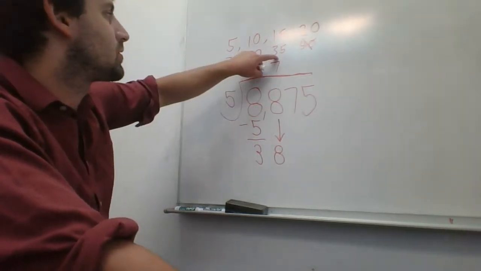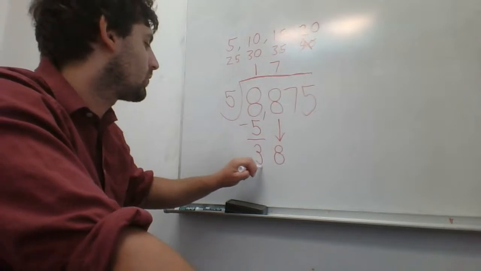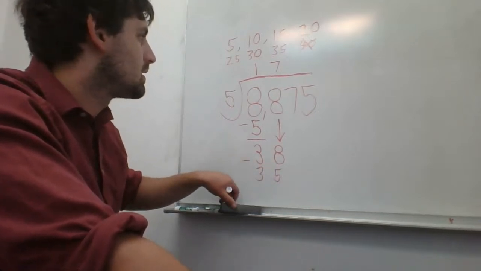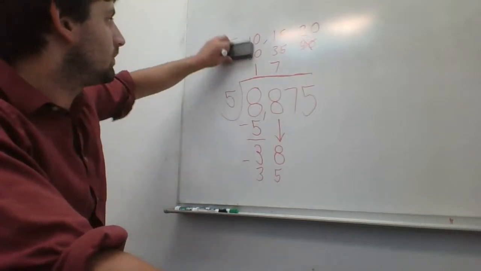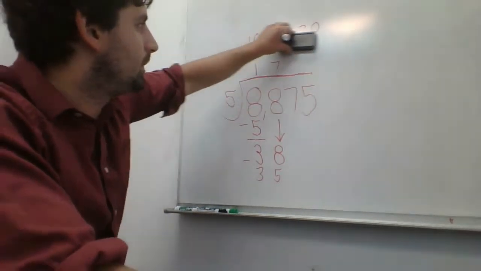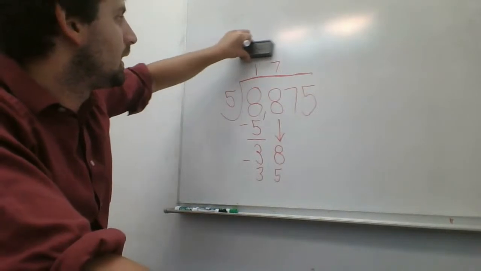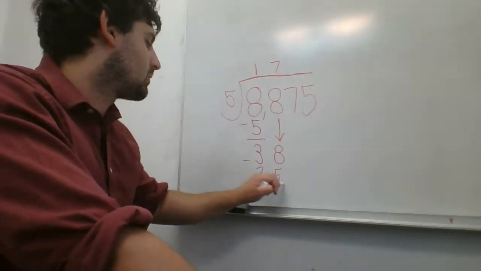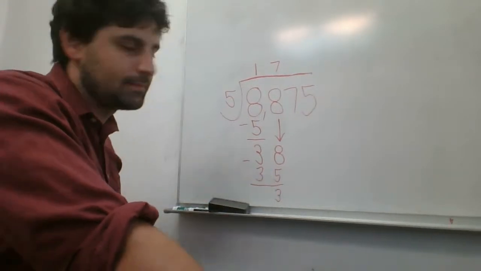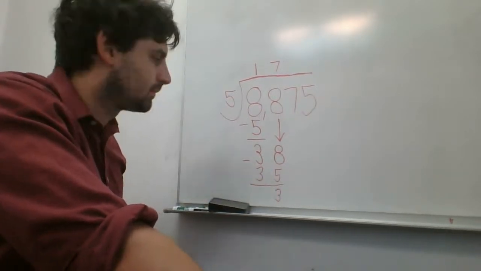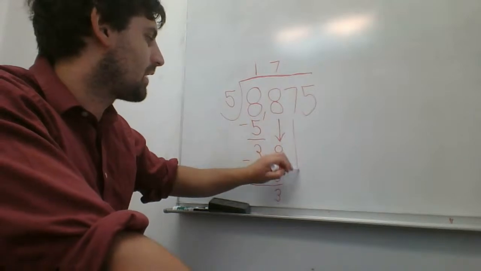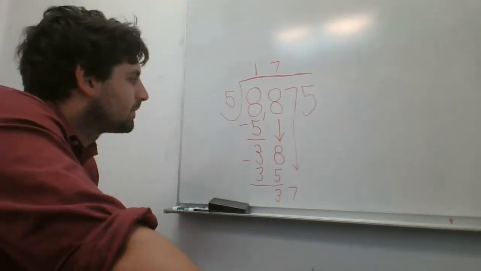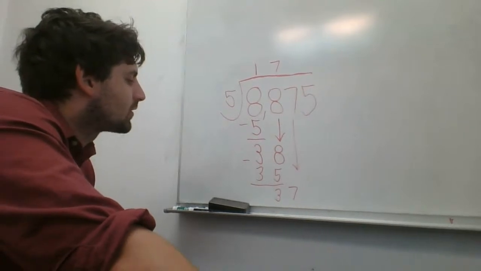Since 35 was as close as I could get to 38 without going over, 35 is what I'm going to subtract. 38 minus 35 equals 3. Going to bring down the 7 here. Figuring out how many groups of 5 get into 37.